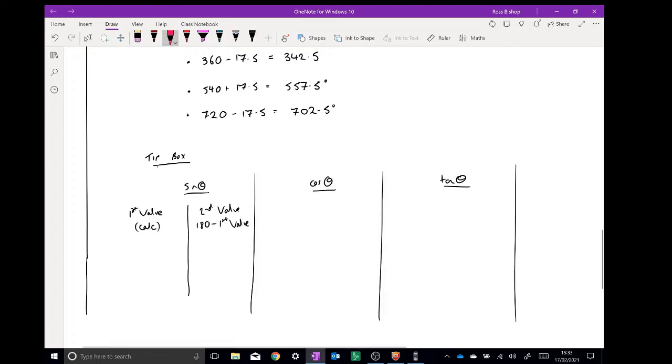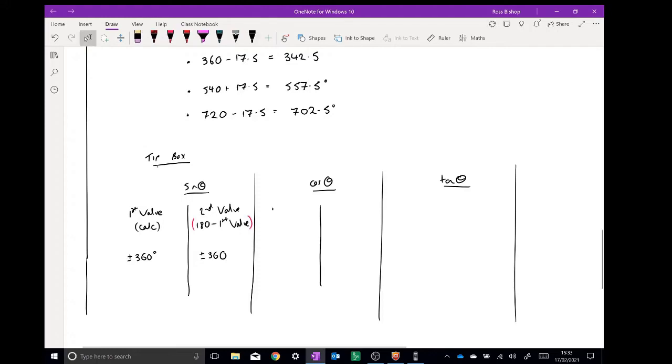So first value from the calculator, second value is 180 minus the first value. And then from that point onwards, you just plus or minus 360 degrees until you're outside the range, okay? When we do an example, I'll explain what this means. But for the moment, this box is going to be really helpful to copy down.